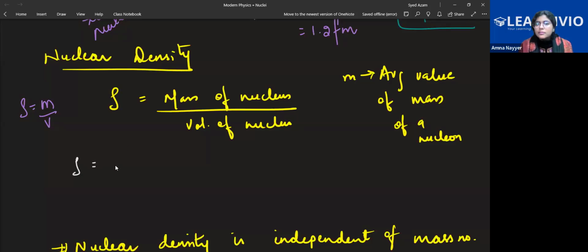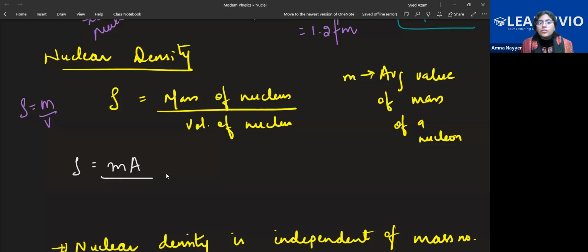What is the mass? See, m is taken as the average mass of a nucleon. Small m. And the total mass is the mass number times this, so multiply the mass with the number, you will get the total mass of the nucleus. Am I right, Mariam? Yes, ma'am.